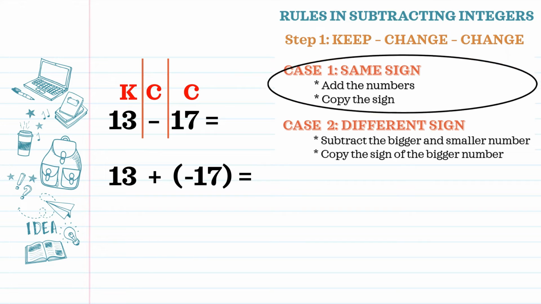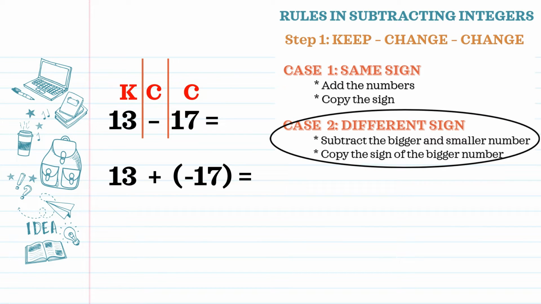In this case, we have different signs, therefore we need to subtract the bigger and the smaller number. 17 minus 13 is 4. And then copy the sign of the bigger number, which is 17. Therefore, the answer will be negative 4.